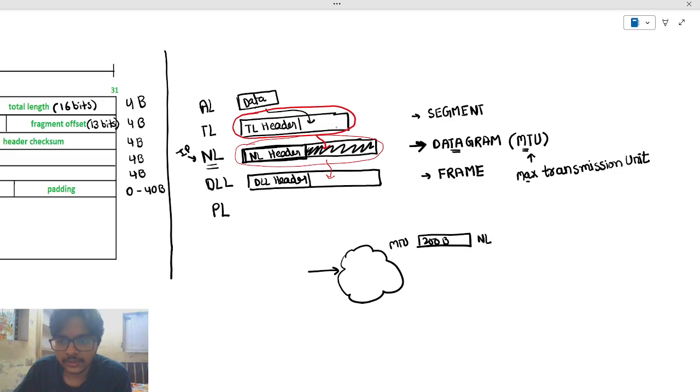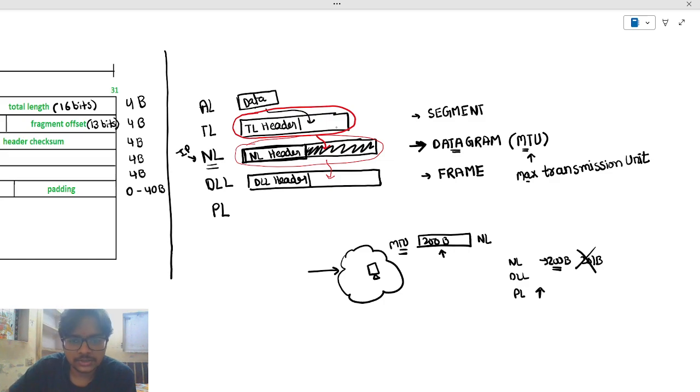Whenever data is received by a host, it goes from physical layer, data link layer to network layer. At network layer, MTU says that I can only receive 200 bytes of data. If the data is more than 200 bytes, even if it is 201 bytes, then this packet will be discarded and not received by the receiver. So that is MTU.